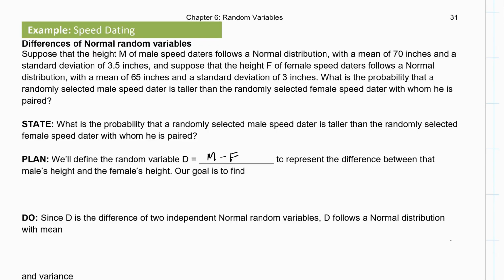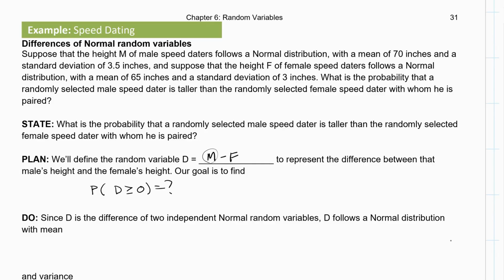And our goal is to find, and this is the hard part, since in general males are taller than females, what we're really asking is what's the probability that the difference is greater than zero? What's the probability that the male height is bigger than the female?